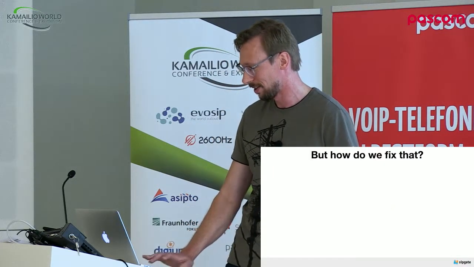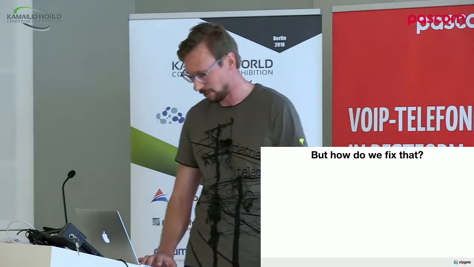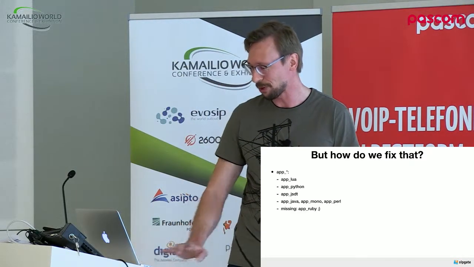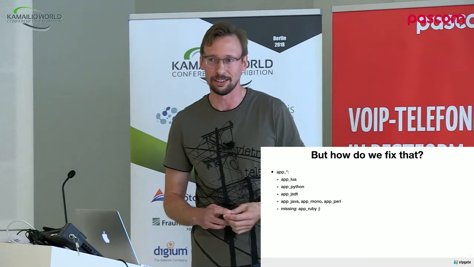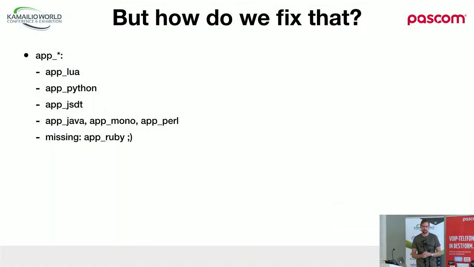And how do we fix that? Fortunately, Daniel and the whole Kamailio team have come up with some solutions. That's the older one: we have different applications where you can write the routing logic in a language of your choice.